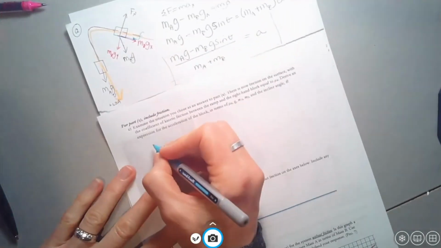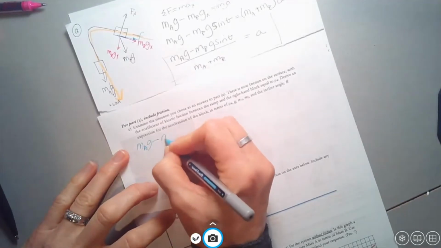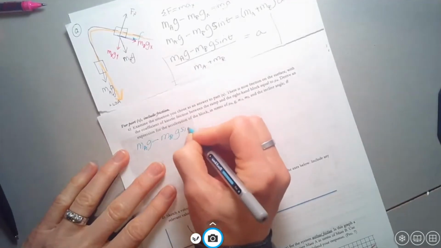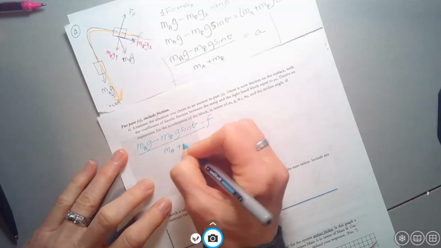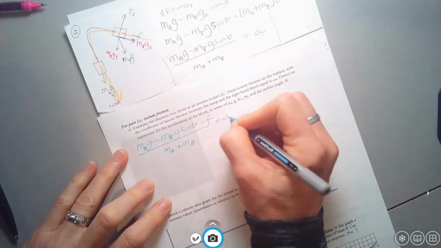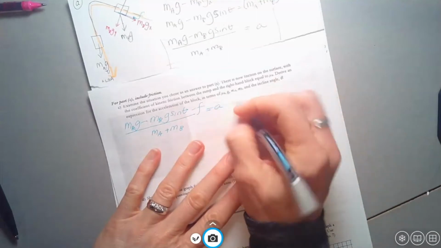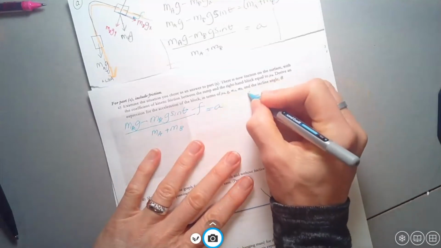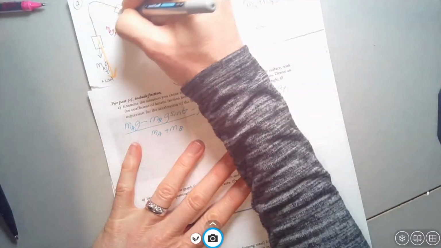When we write out this expression, we're going to get MAG minus MBG sine theta minus friction over MA plus MB. That gives us our line of action equation. Then you need to get rid of F because that's not one of your givens. So we need to use the y-axis. That's this one.